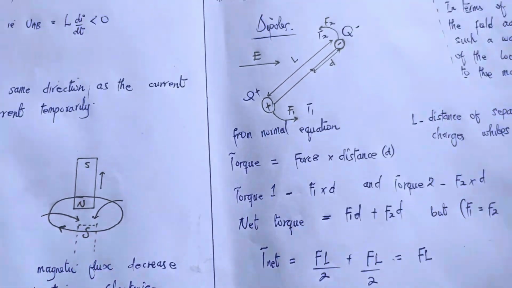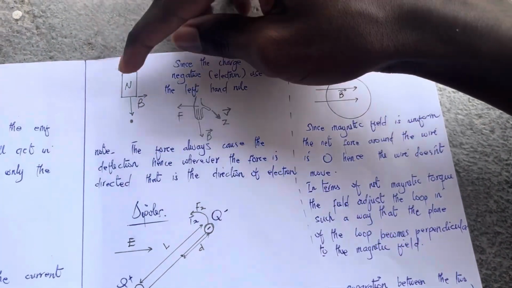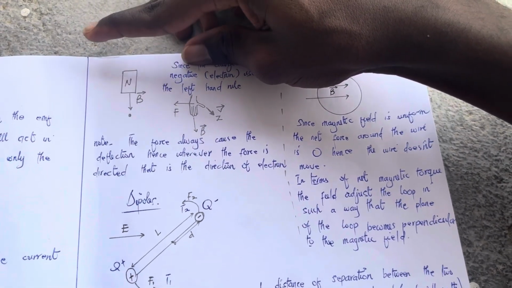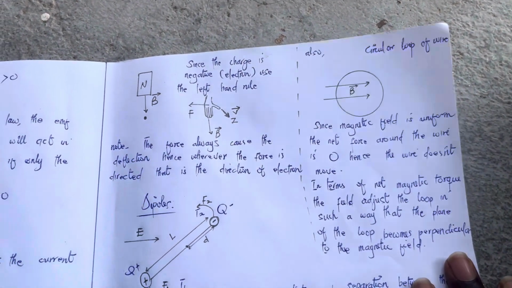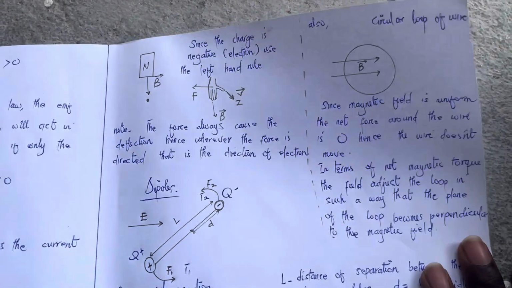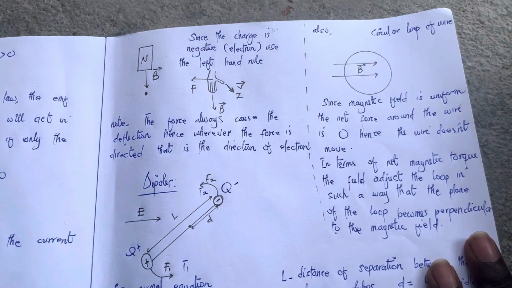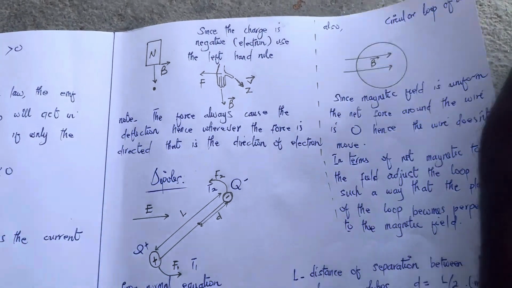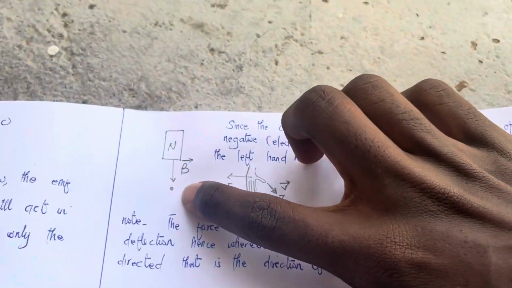Now there are some qualitative questions that you need to know about magnetism. Let's look at this one for instance. Let's say we are having a magnet with a north pole. Let's assume that we are having a beam of electrons, which is a negative charge.